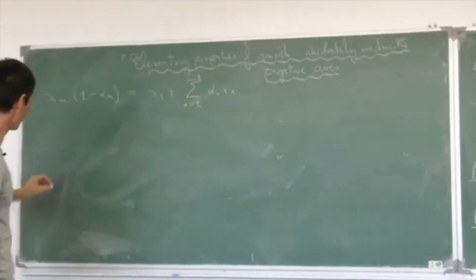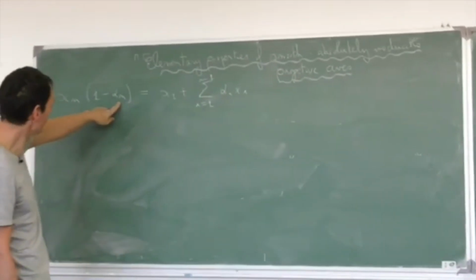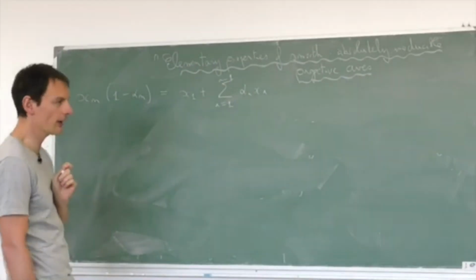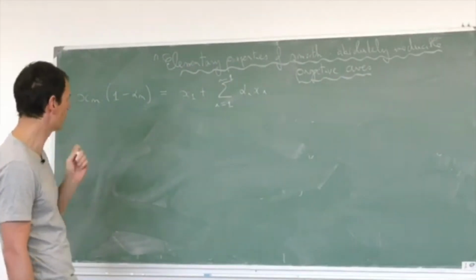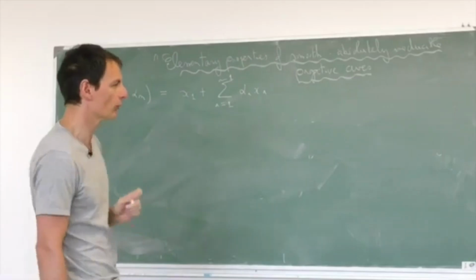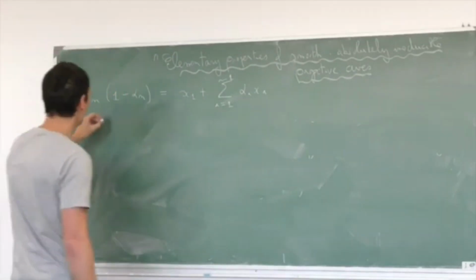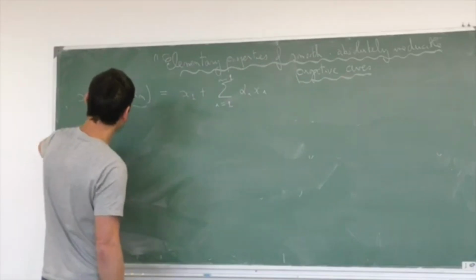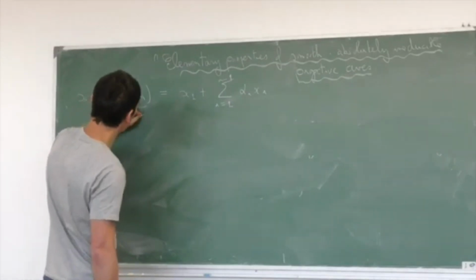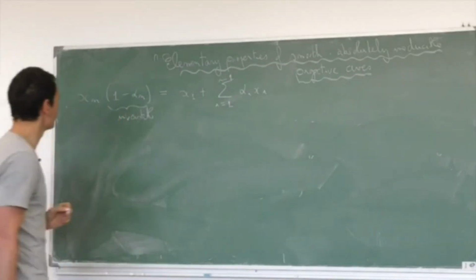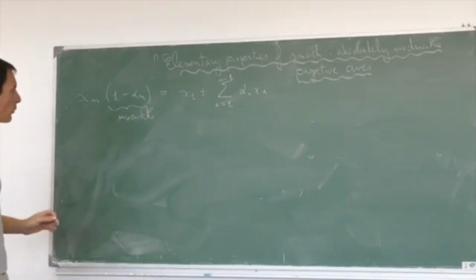And what you know is that as alpha n is in M, 1 minus alpha n is invertible. I mean, this is really easy to prove. You just have to use that M is the unique maximal ideal. So this is invertible. But then, yeah, this is the conclusion.